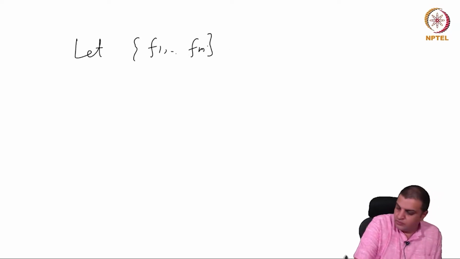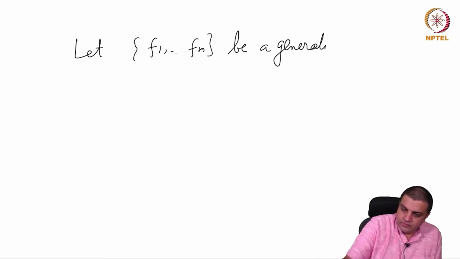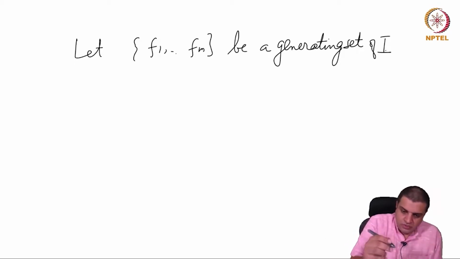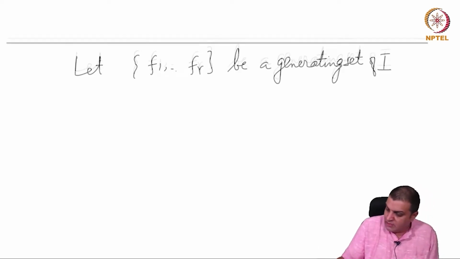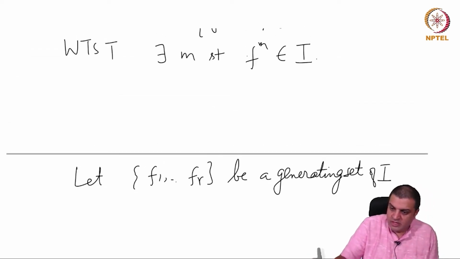Let F1 through Fr be a generating set of I. So what we want to show is that f to the m is in this ideal, the ideal generated by these elements.